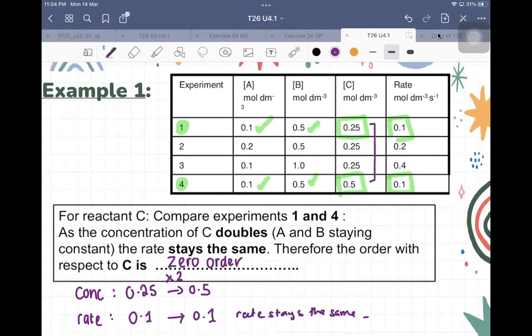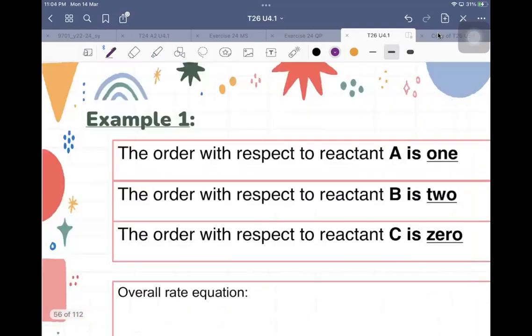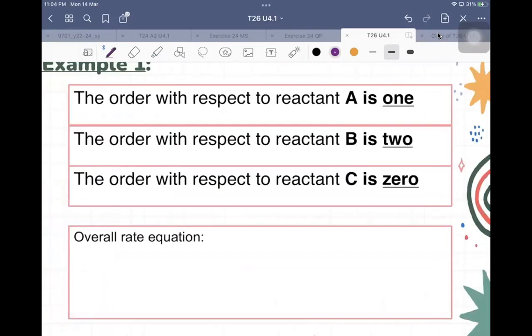Or if you can already spot it from here, that's an increase by 2. This one, no change. And I'm only focusing on experiments 1 and 4. So overall, the order with respect to reactant A is 1, the order with respect to reactant B is 2, and the order with respect to reactant C is 0.